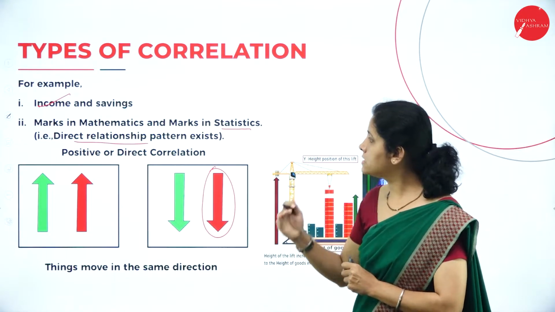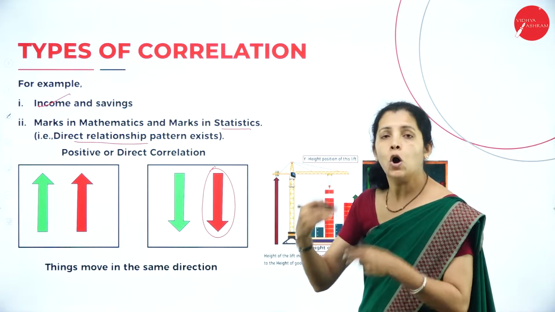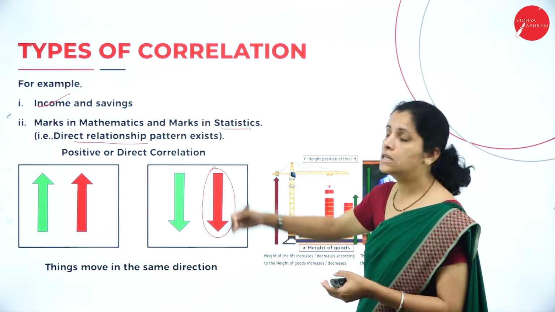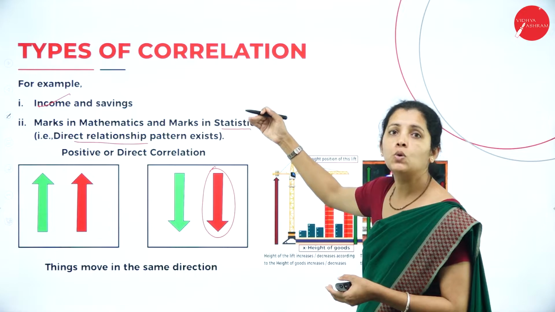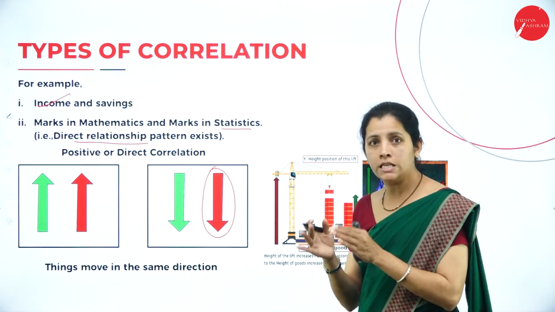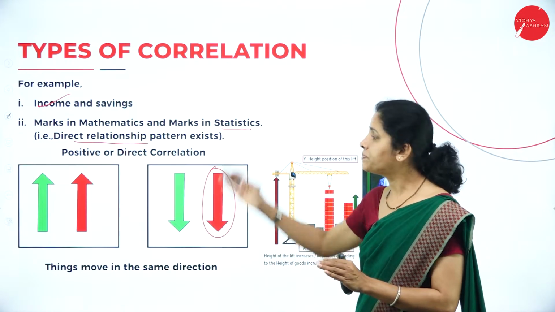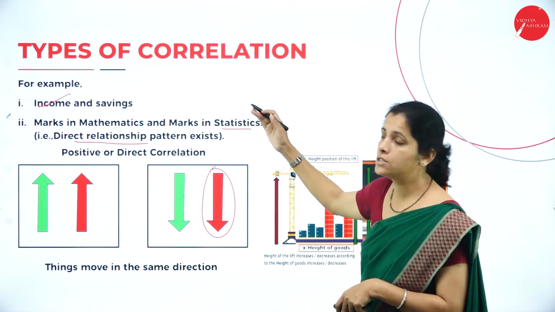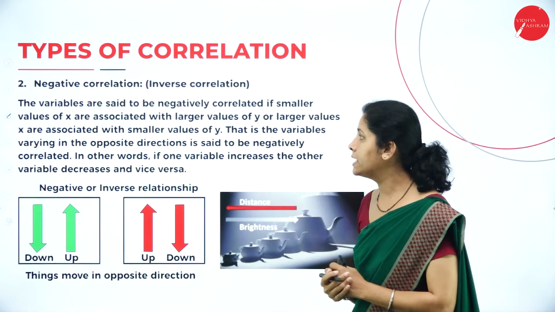If marks in mathematics increase, obviously marks in statistics also increase. If marks in maths decrease, obviously the marks in statistics also decrease.